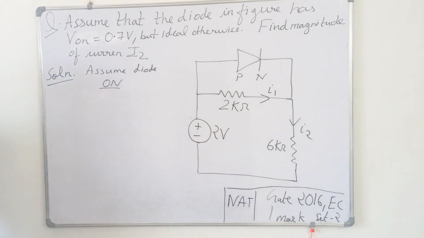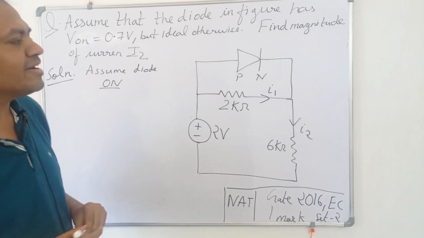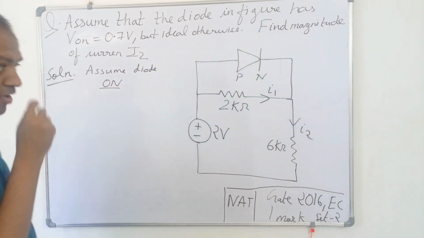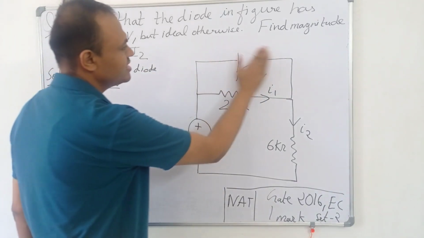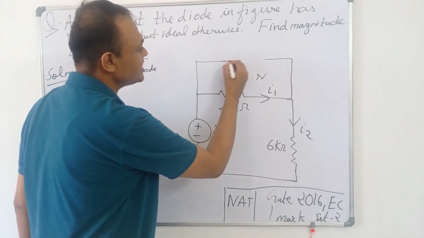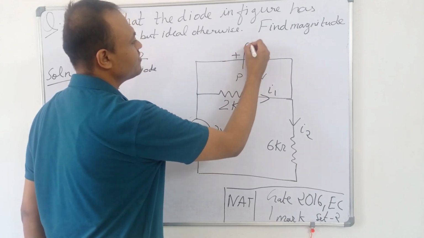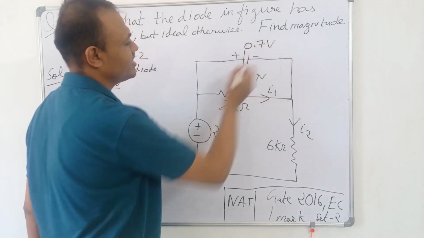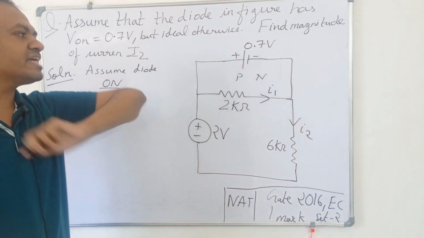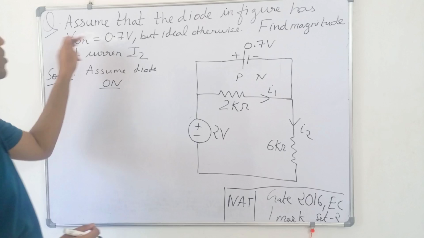We are given that V on equal to 0.7 volt and we have assumed that the diode is forward bias. So we will replace this diode with its on voltage. This was the P terminal, so I am drawing the positive and negative of 0.7 volt in this way, because this was P and this was N. So the on diode is replaced by its on voltage.